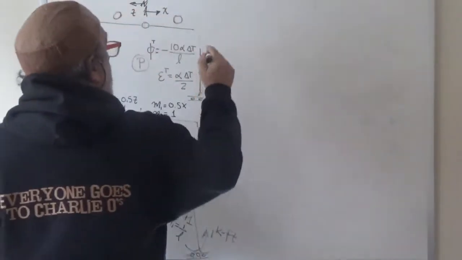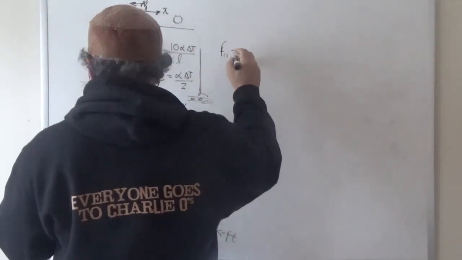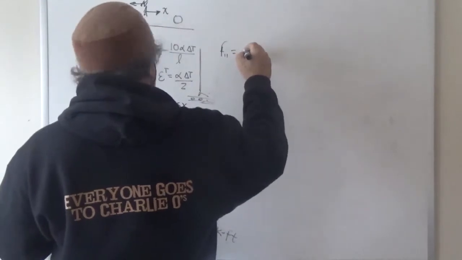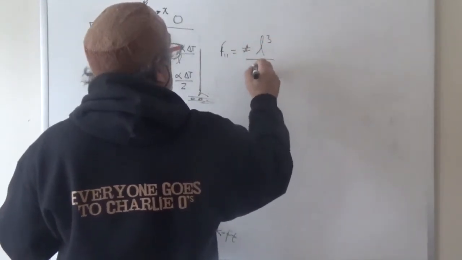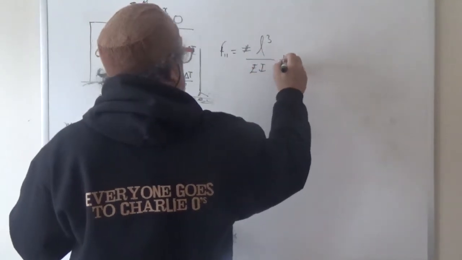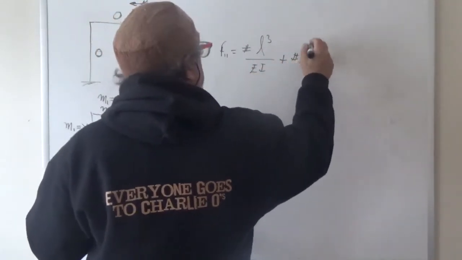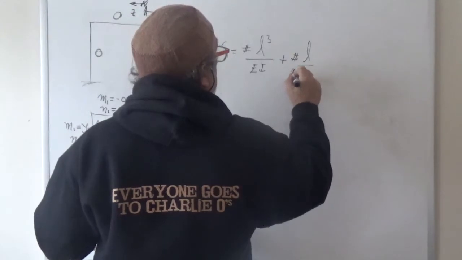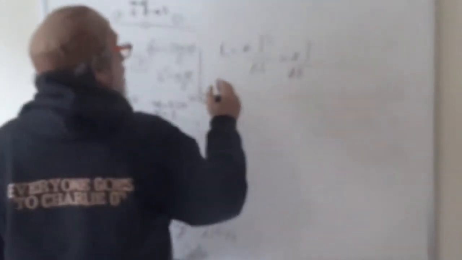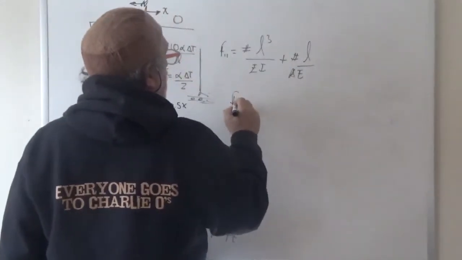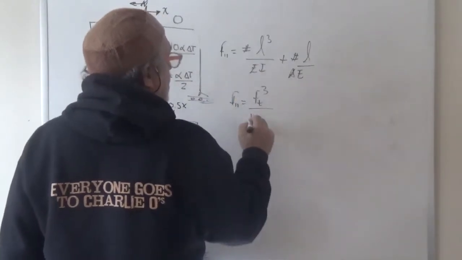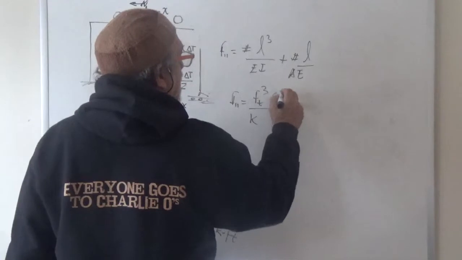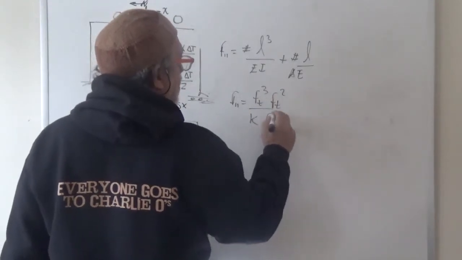Now I go to my F11, and I see that my F11 was some number multiplied times L cubed over EI plus some number multiplied times L over AE, right? The number had no units, so we see that F11 is equal to feet cubed divided by E, which is kip per square foot, divided by I, which is feet to the fourth.